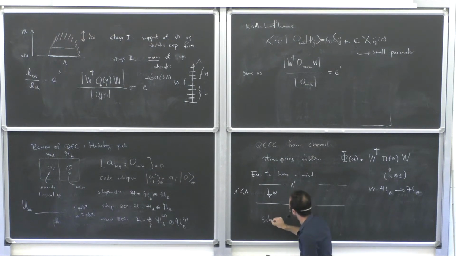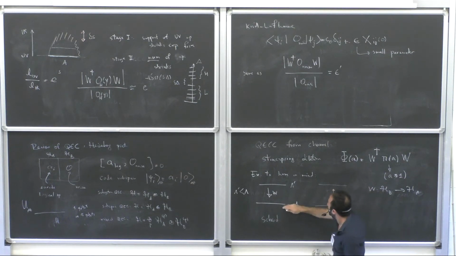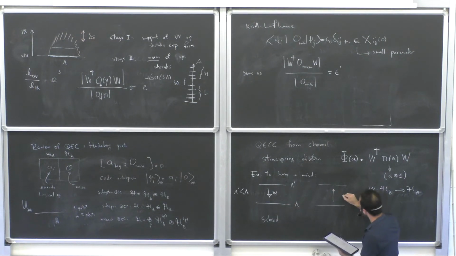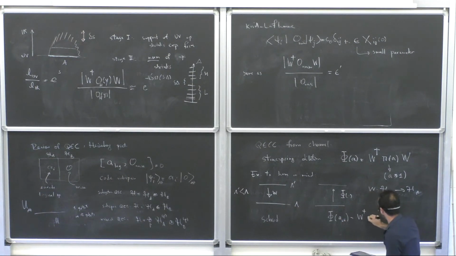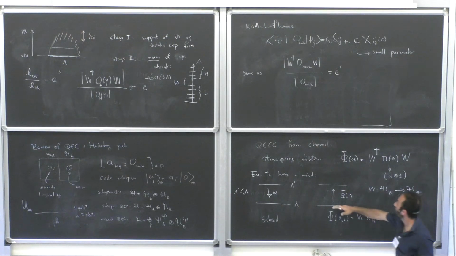In the Heisenberg picture, this corresponds to pushing the operators using a quantum channel. This quantum channel sends UV operators to the infrared. So I just want to think of this as a renormalization.